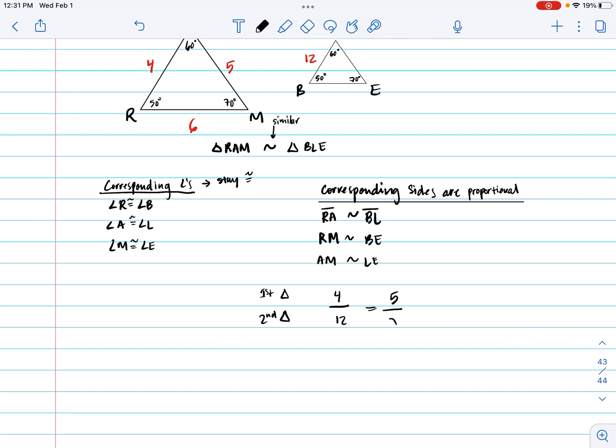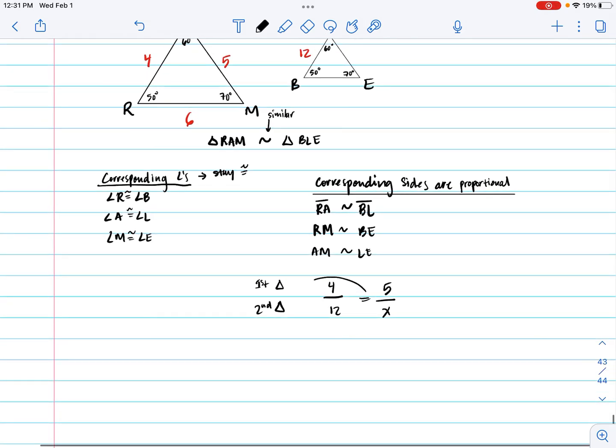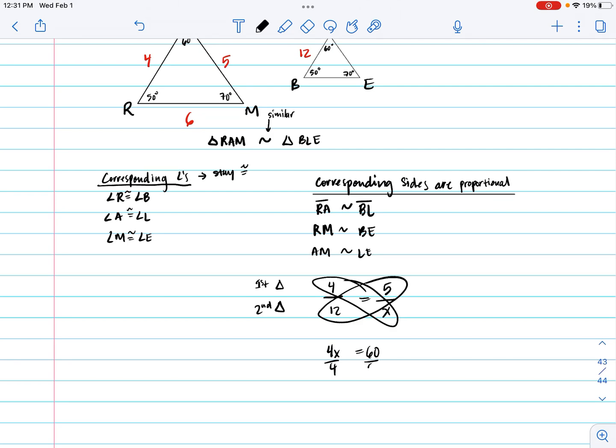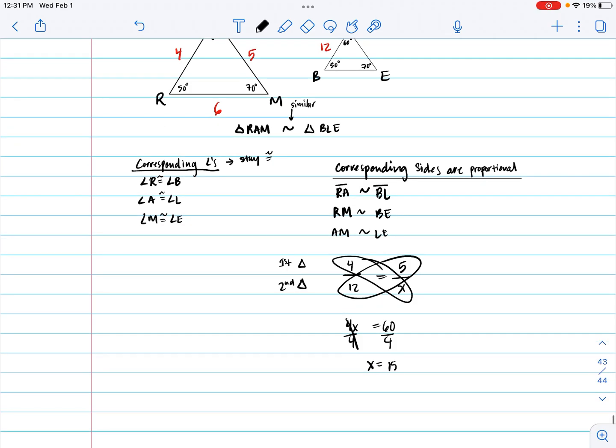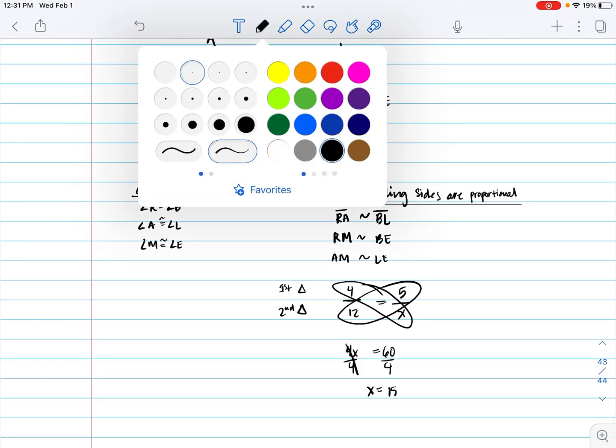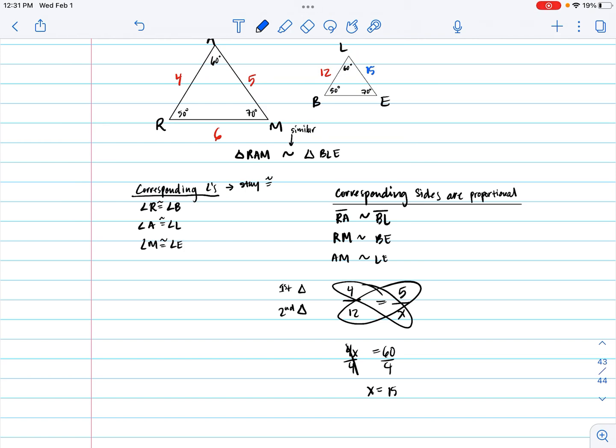I'm going to call it X. So if we do some quick calculating, 4 times X is 4X, 5 times 12 is 60. Divide by 4, and X is equal to 15. Then, if you want to fill that in, I'm going to fill that in blue, 15.